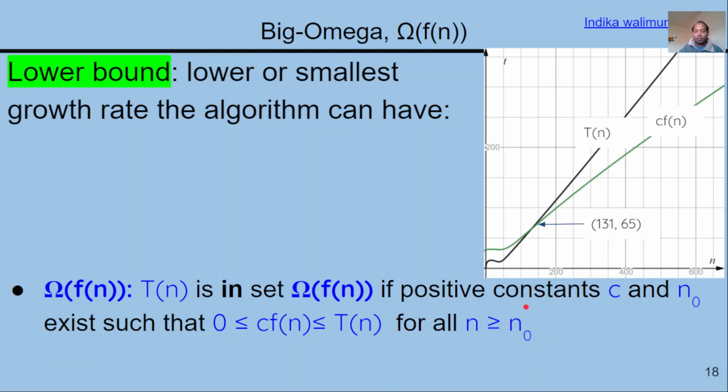Basically it's saying that T(n) is always above c·f(n), so there exists a function that way. That's the big omega notation. We call it the lower bound.